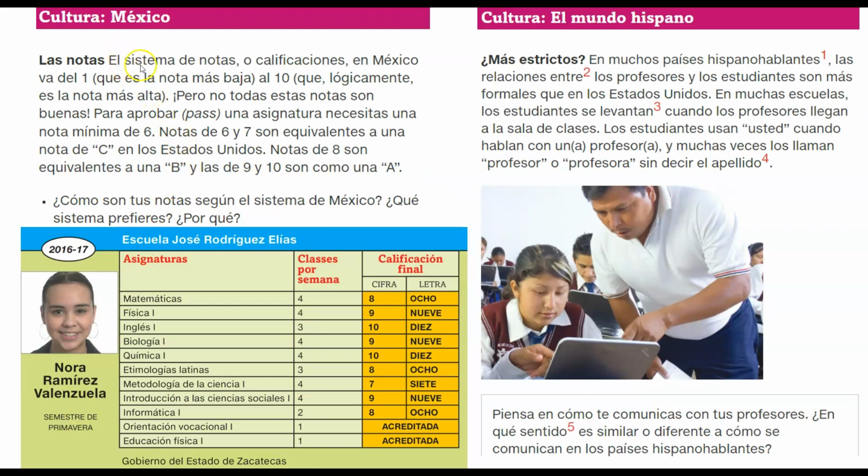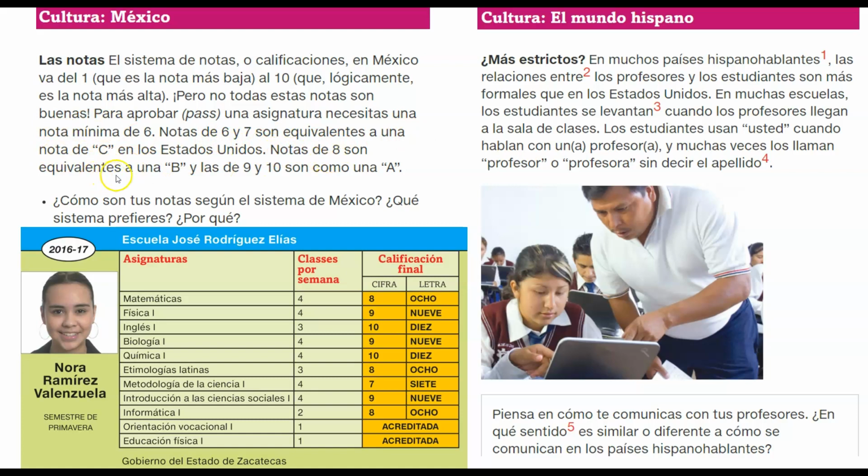Culture, Mexico. They use a different grading system than we do. So grades. In the system of grades in Mexico, 1 is the lowest note and 10 logically is the highest grade. All of these grades are not great. In order to pass, an assignment needs a minimum of 6. So assignments of 6 and 7 are equivalent to a C in the United States.